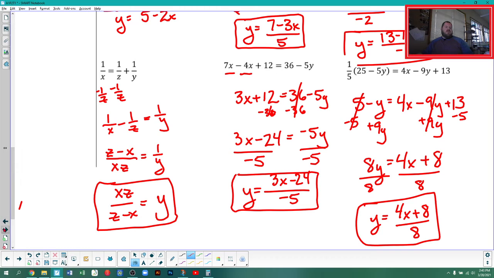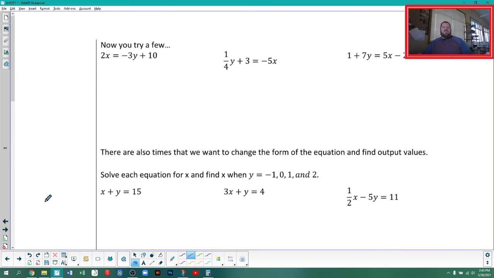Okay, let's turn the page, take a look at what we have next. Oh, these were the ones that you were supposed to try. So go ahead and pause the video and you can try these ones. They're not that bad. So pause the video again, give those ones a shot. Hopefully you had a chance to do that, and hopefully we go with the easiest way to get y by itself. So you do have to kind of process what's going on.